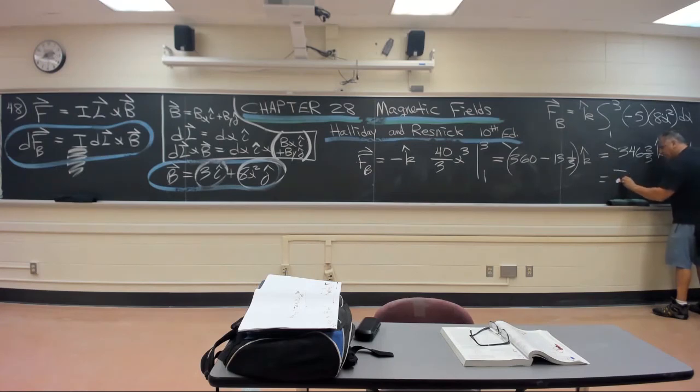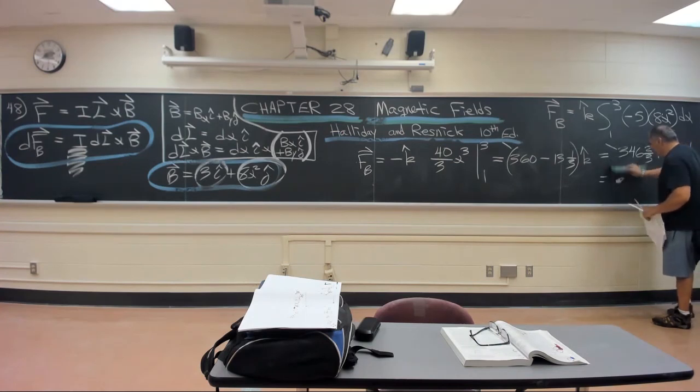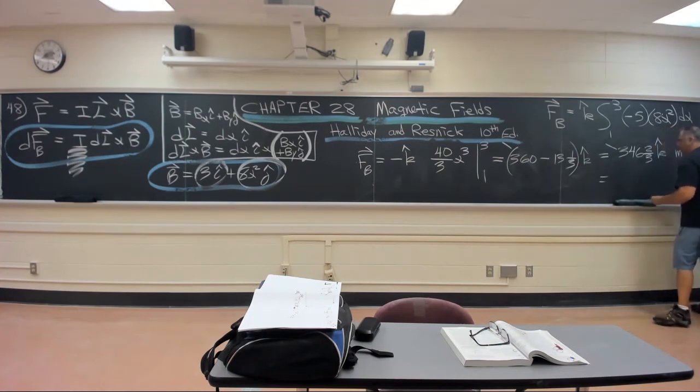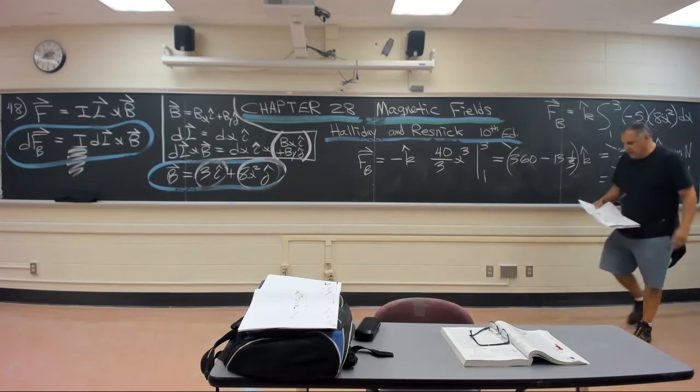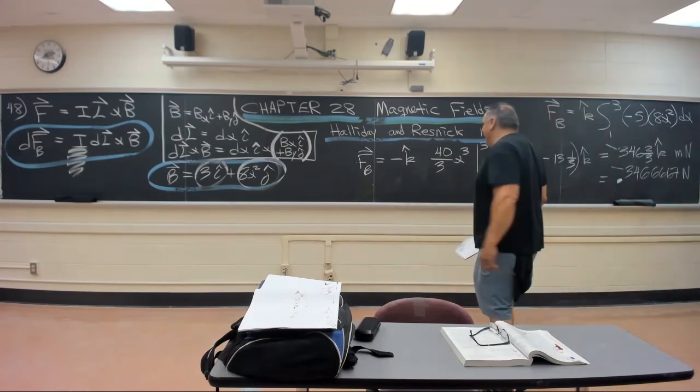negative 0.346 newtons. There are a number of ways it can be done, but it's the same. And that's for the FB.